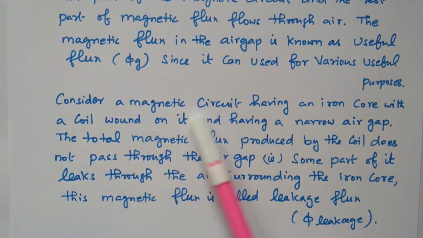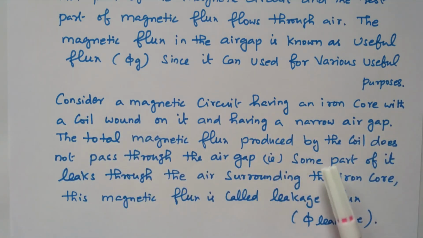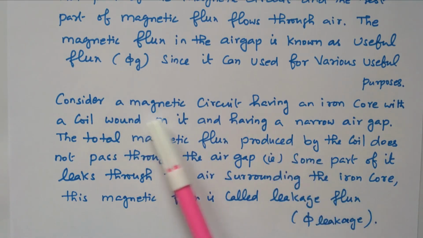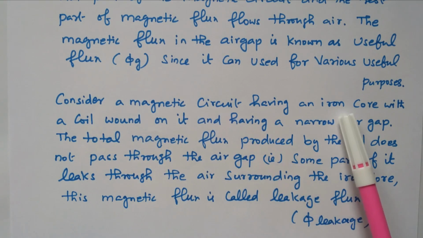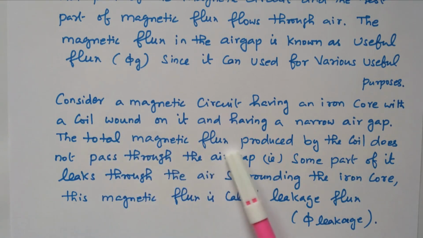At the same time, consider the magnetic circuit having an iron core with a coil winded on it, having a narrow air gap. We discussed the diagram that is given. The magnetic circuit is available, the iron core is there. Over the iron core the coil is winded and the air gap is available. The total magnetic flux produced by the coil does not pass through the air gap.